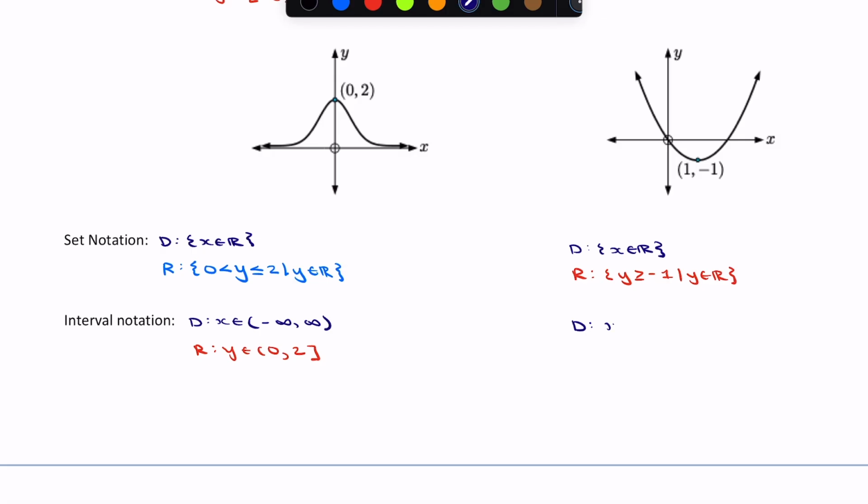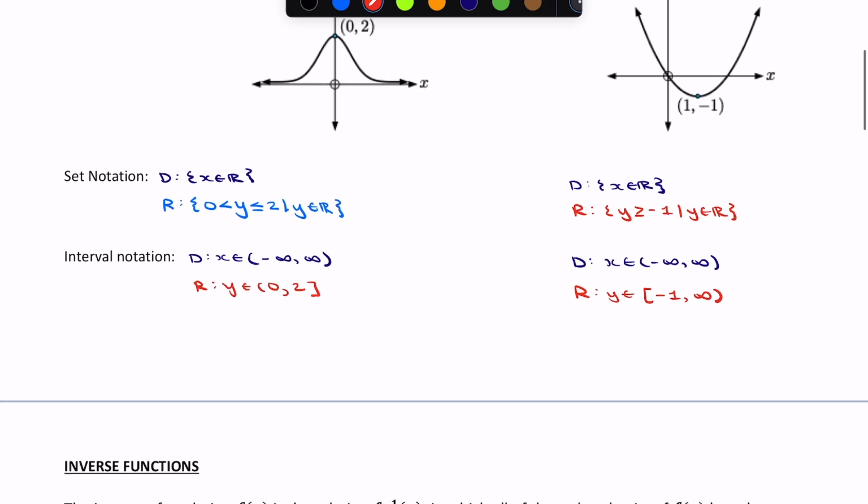The domain in interval notation is from negative infinity to positive infinity. And our range here goes from -1 to positive infinity.